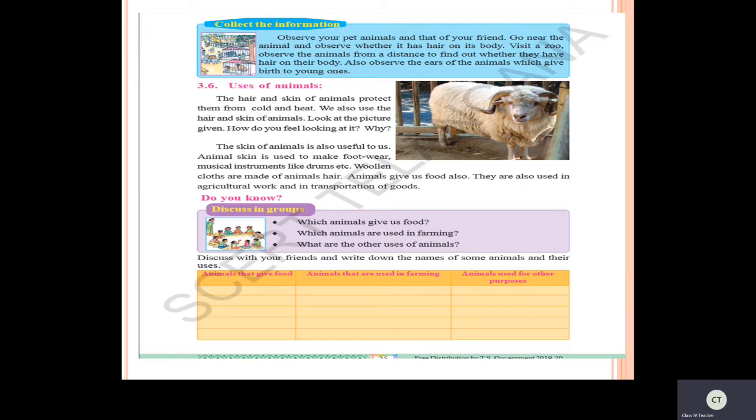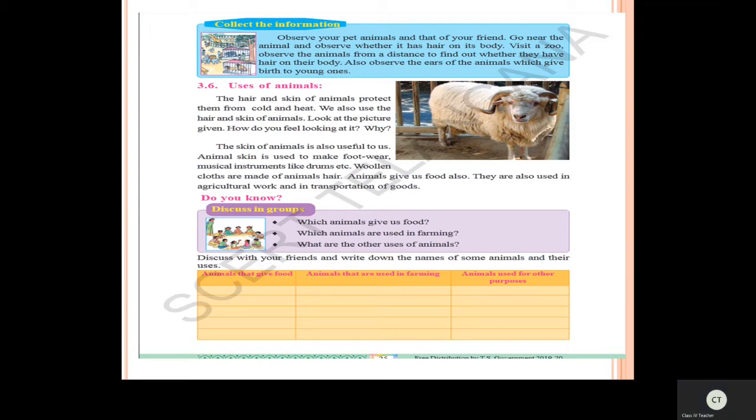Now, they are also useful in agricultural work. See, children, a bull or ox is useful in plowing the land. So they are useful in agricultural work and in transportation of goods. Yes children, horses and donkeys are used for transportation. Camels in deserts, till now we are using camels as transport in deserts.